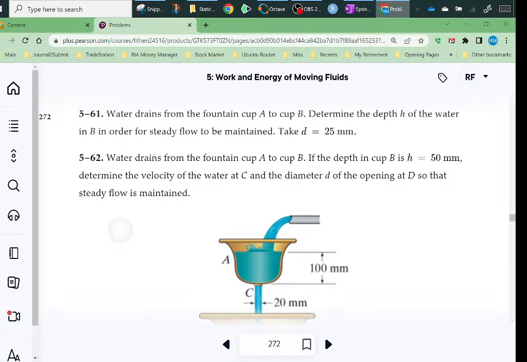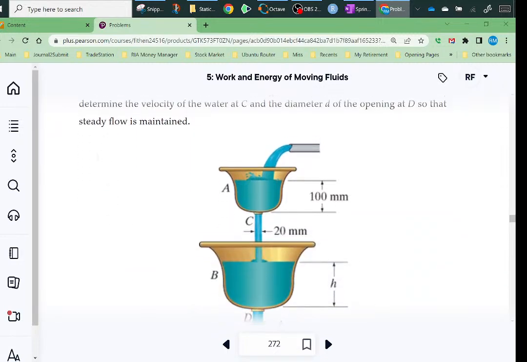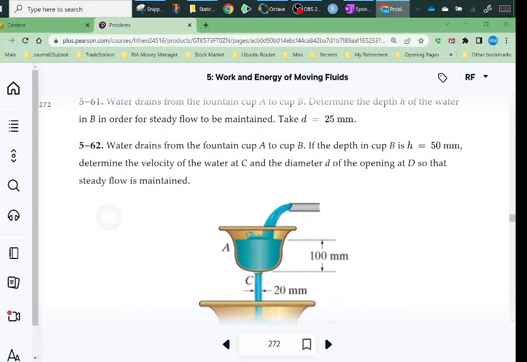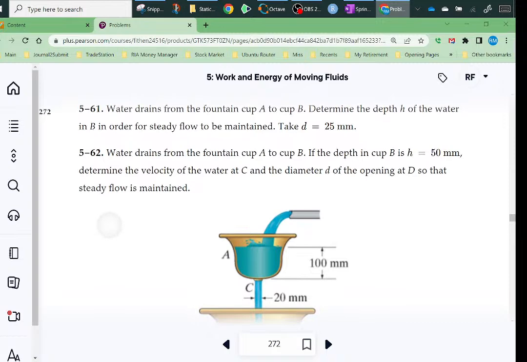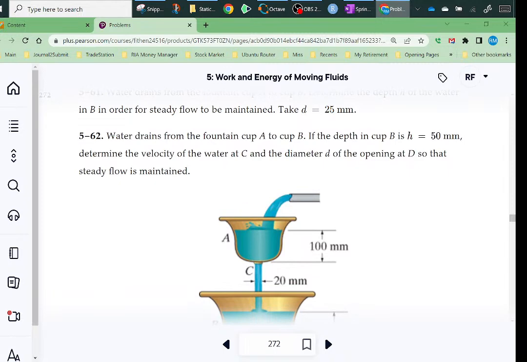Okay, so the water drains from the fountain cup to A to B. Determine the depth H of water in B in order for steady state to be maintained.